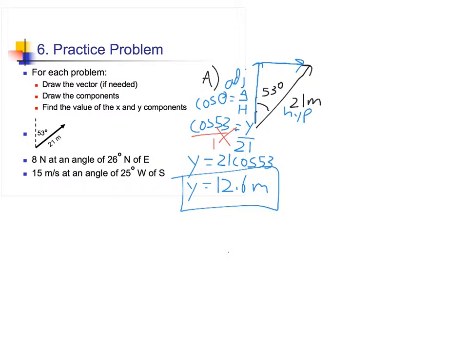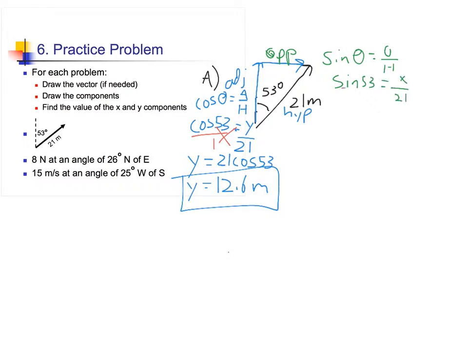Okay, moving on to the x side, we can go ahead and find that as well. This is going to be the opposite side of the triangle. We know our hypotenuse, we also know our adjacent, but I'm going to use sine based off the hypotenuse, which is opposite over the hypotenuse. And so we can say that sine of 53 equals this x side over 21.